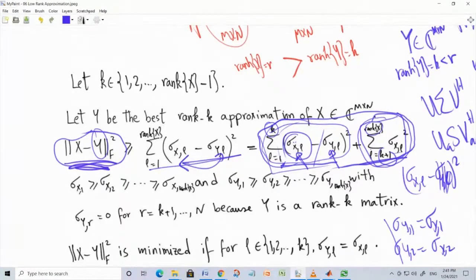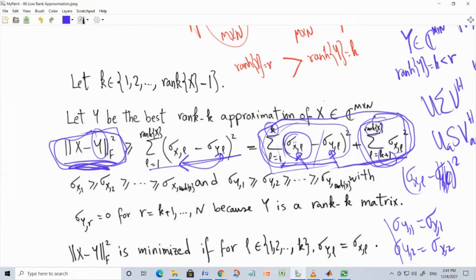Now you may say, so you have a lower bound on a quantity, but who says that actually you can make this Frobenius norm squared exactly equal to the lower bound? Suppose that you have a function f of alpha, and you want to minimize it, and you somehow showed that f of alpha is greater than or equal to 7.